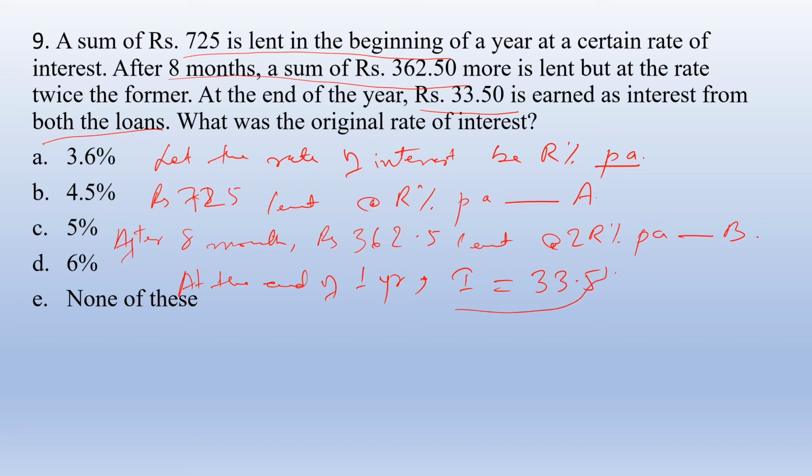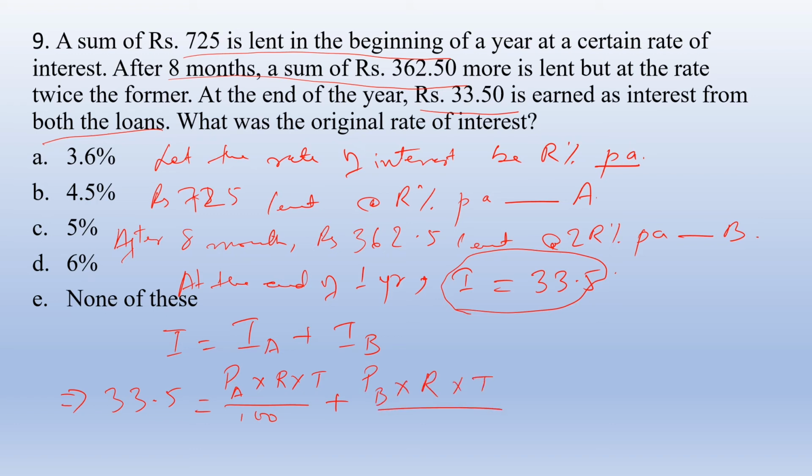This is given. So this I is equal to the interest he earned from loan A plus the interest he earned from loan B. I is already given as 33.5, and the formula for interest from loan A is principal multiplied by rate multiplied by time divided by 100, plus the interest for loan B, which is principal for B multiplied by rate multiplied by time divided by 100.